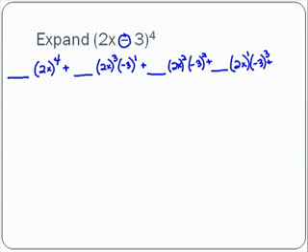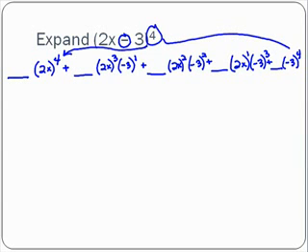And then in the last term, the 2x is raised to the 0, or the 2x is completely gone, and we have the negative 3 raised to the fourth. And remember the 4, it's that very first exponent on this term, and it's the very last exponent on the last term.